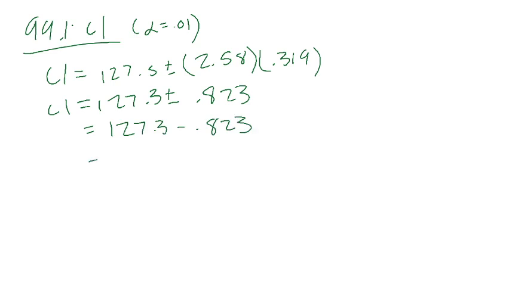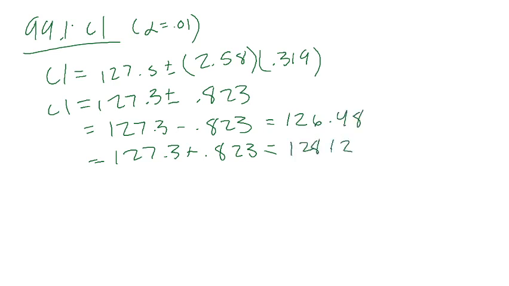We're going to take 127.3 and add 0.823. We're going to get our lower and upper bound. So we get 126.48 and we get 128.12. So let's go ahead and put that in our nice little format.